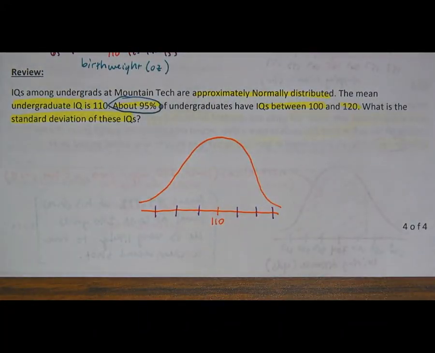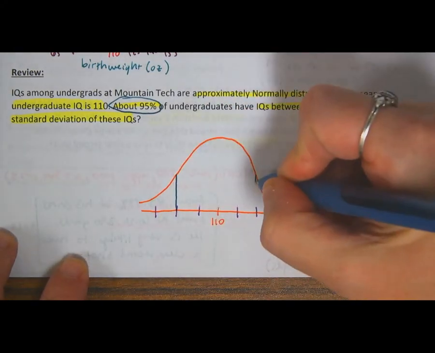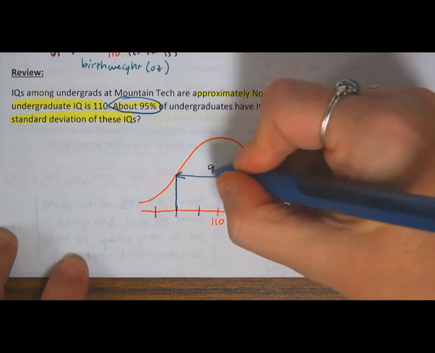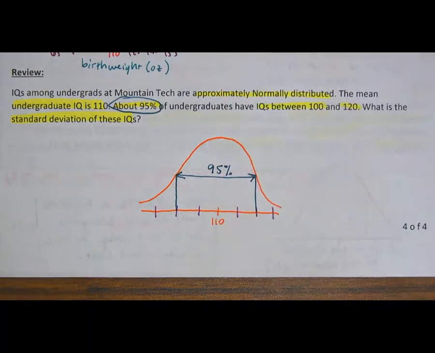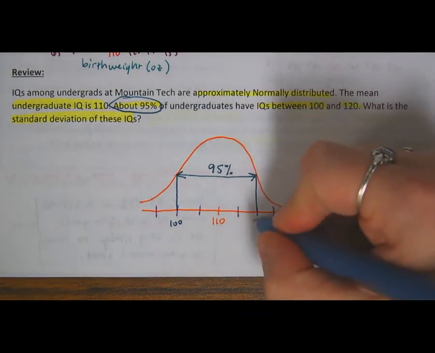The empirical rule says this: 95% of this data is going to be within 2 standard deviations of the mean. That means 2 below, all the way up to 2 above. 95% of the data lies between those 2 IQs. And it tells me those 2 IQs are 100 and 120.